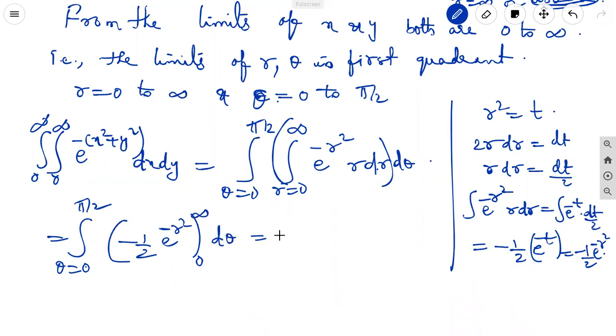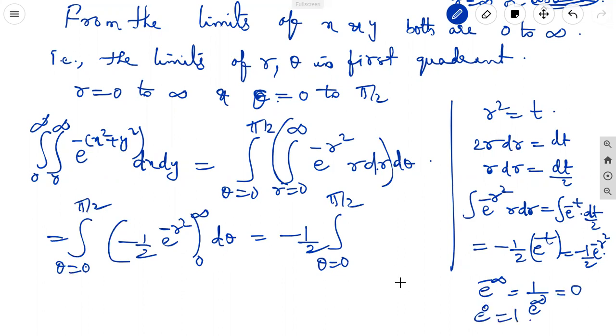It is equal to minus 1 by 2 integral theta equal to 0 to pi by 2 of e power minus infinity, which is 1 by e power infinity, that is 0, and e power 0 is 1.